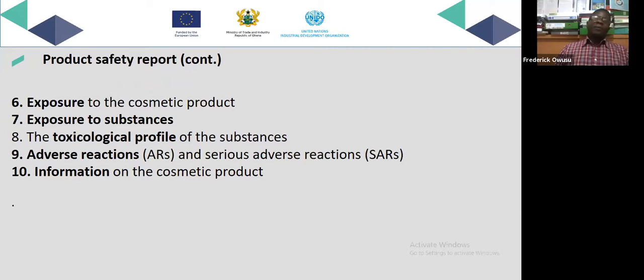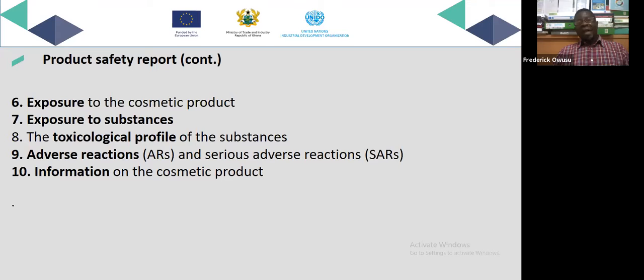The product safety report will also contain exposure of the product, exposure to substances, the toxicological profile of the substance. That is why when it goes to the FDA, they do all kinds of tests.